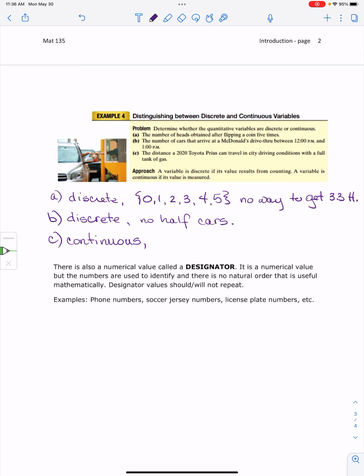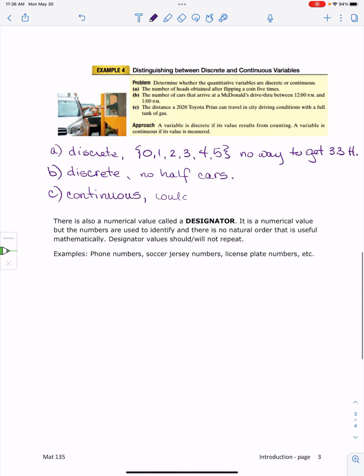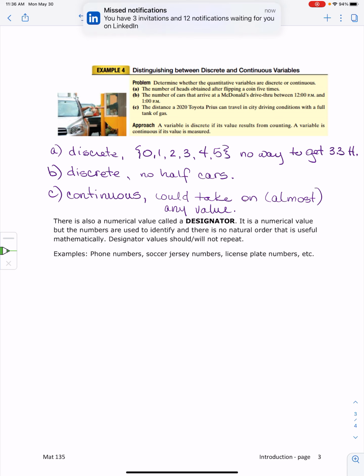And when we get in that 480 to 500 range, it really could take on any value, depending on the driving conditions. And I'm going to put almost any value because we know we're not driving 2,000 miles. So these are values within reason. Okay.